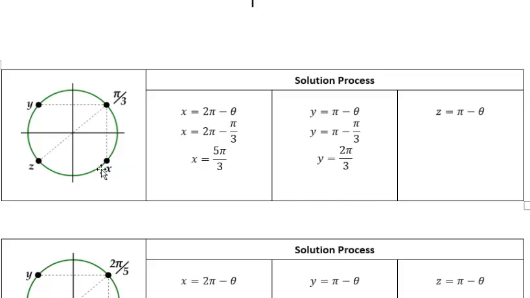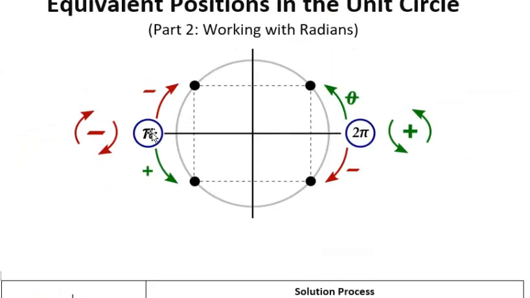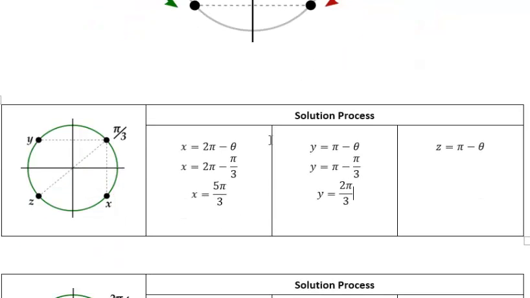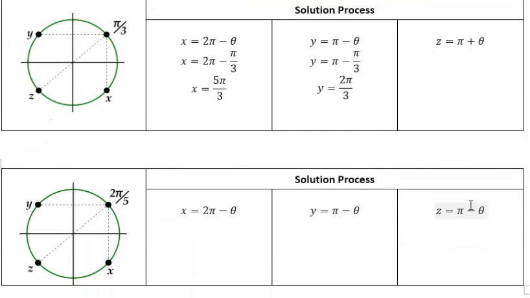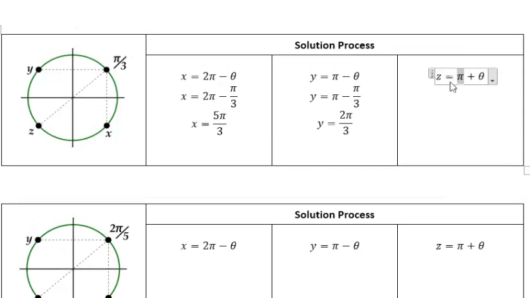Now, what about z? If I'm trying to find z, I need to add pi plus the angle theta that I'm given. Okay? So z will be pi plus theta, not pi minus theta. There's a problem in there. So z will be pi plus theta, and theta is pi over 3.